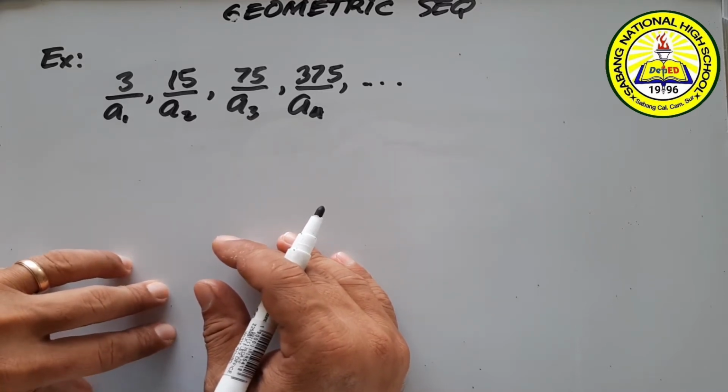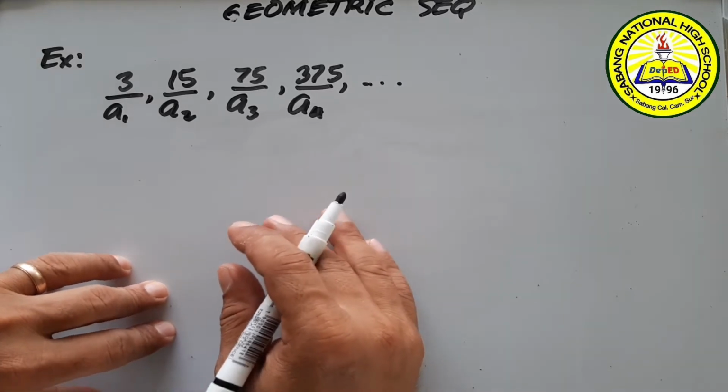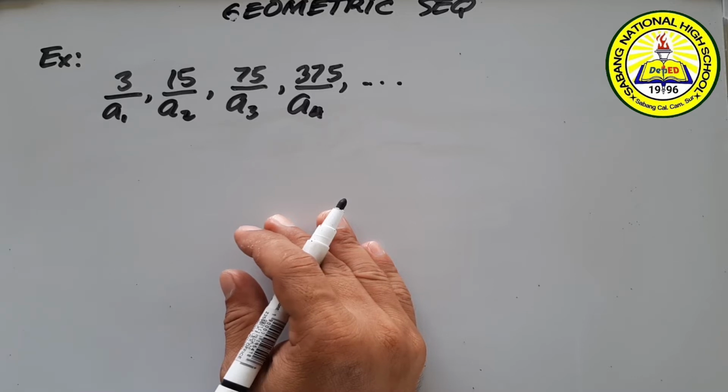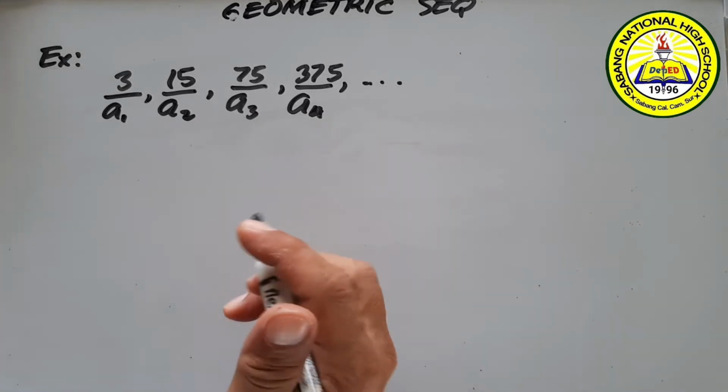So, mas mababa yung bouncing back ng ball kasi mayroong external force na humihila sa kanya, yung gravity. So, it is said that the pattern is the ball bounces back 80% of its previous height. So, what is the first height?